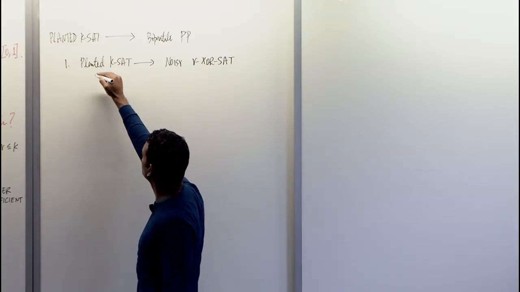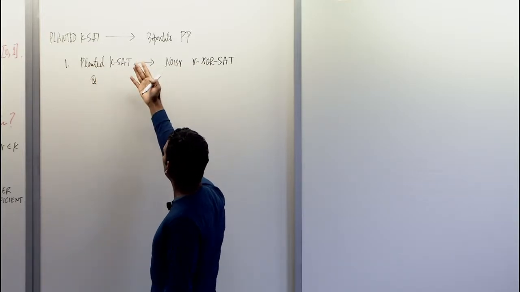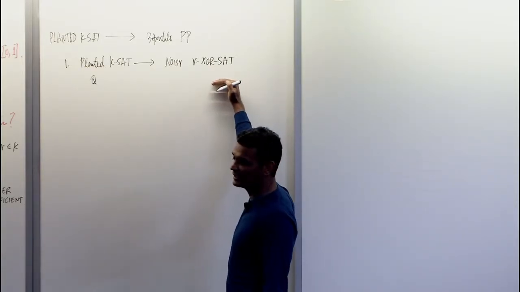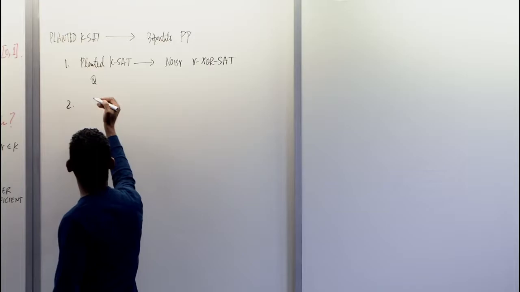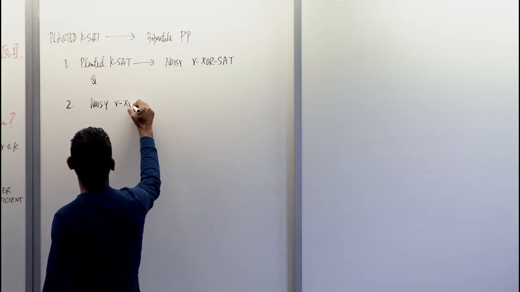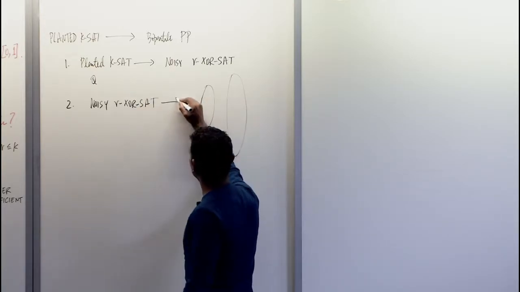So we have some distribution Q on the clauses to start with that has some R, and we'll reduce it to noisy R XOR SAT. That's the one step. And the second step is that noisy R XOR SAT you can embed as a bipartite planted problem.